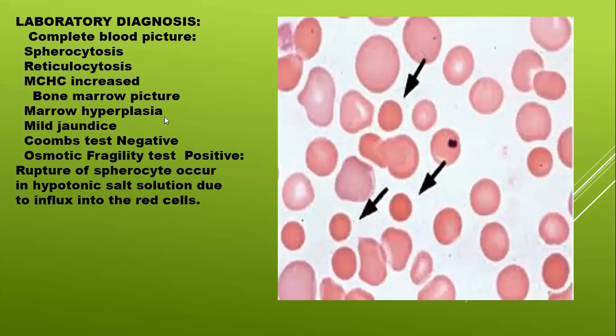In bone marrow, there is marrow hyperplasia, mild jaundice, and the Coombs test is negative here. The osmotic fragility test, which is done for the diagnosis of spherocytosis, is positive.